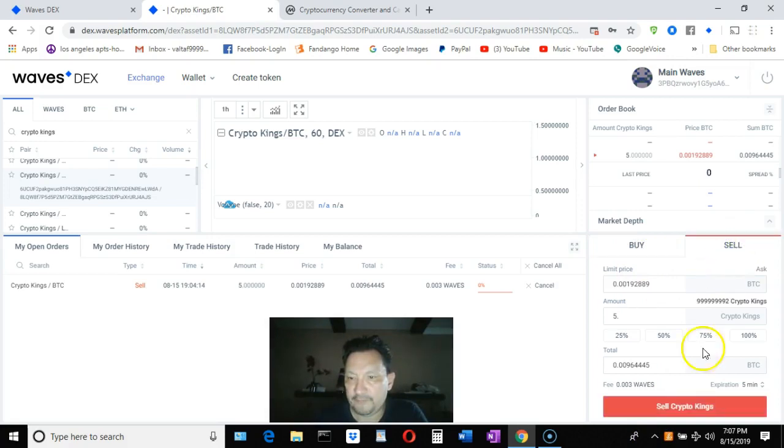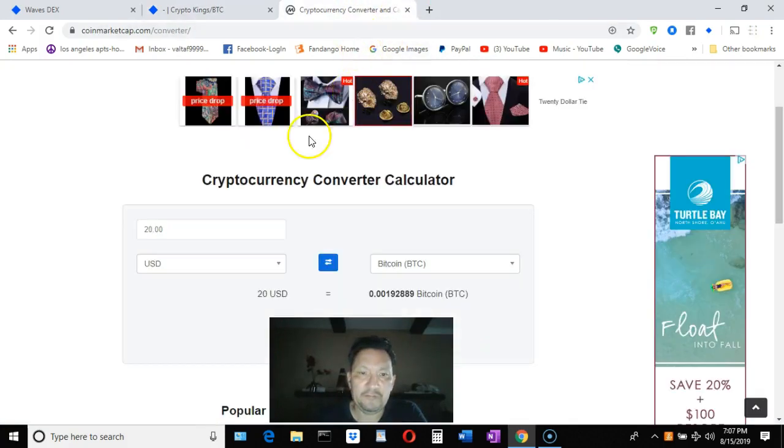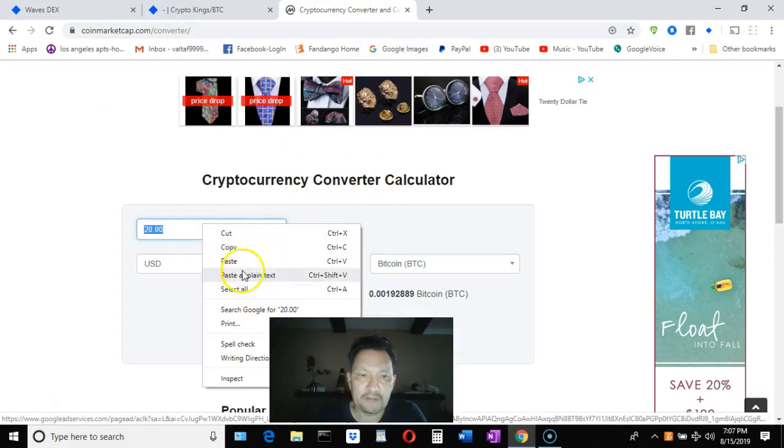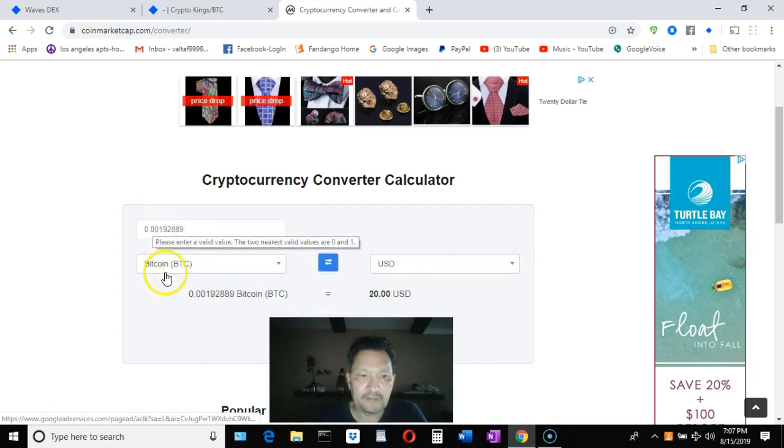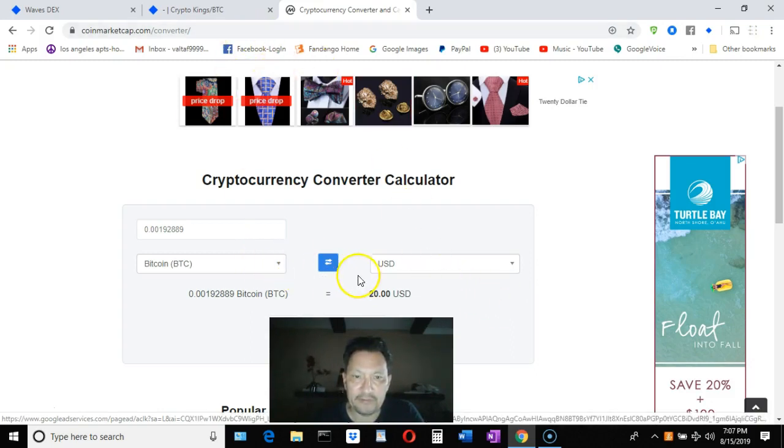But the sell order here at this price of Bitcoin, if we highlight it, copy, go into the cryptocurrency converter, and we'll switch this to Bitcoin. This amount of Bitcoin equals $20 USD. So I'm going to use all of my Bitcoin to buy 5 tokens at $20 a token.